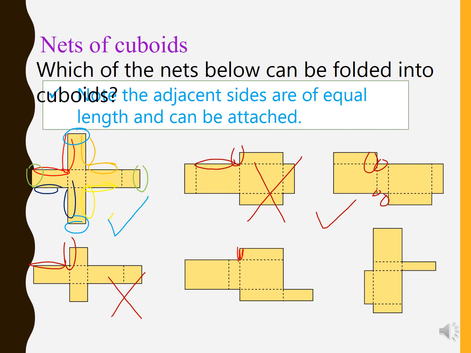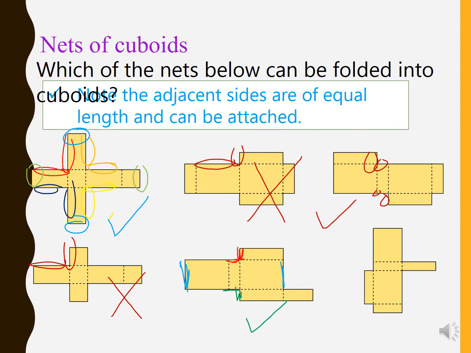So this is the first pair, same length. And then the second pair, and the third one, etc. So after checking all, it could be made into a cuboid.